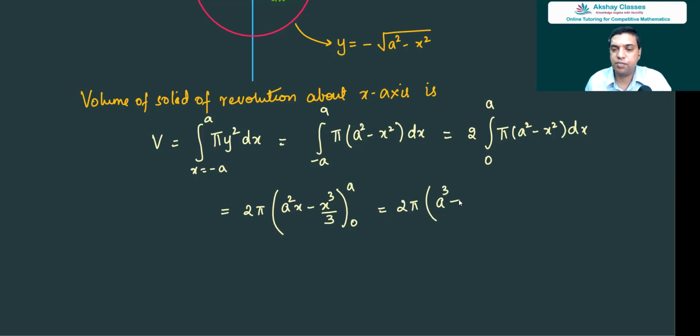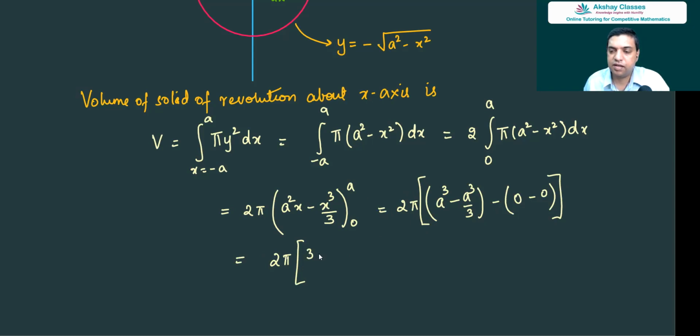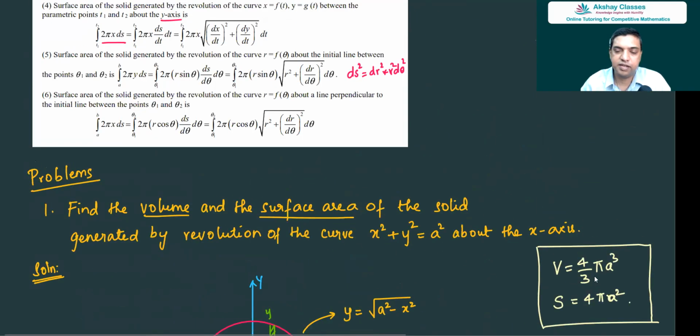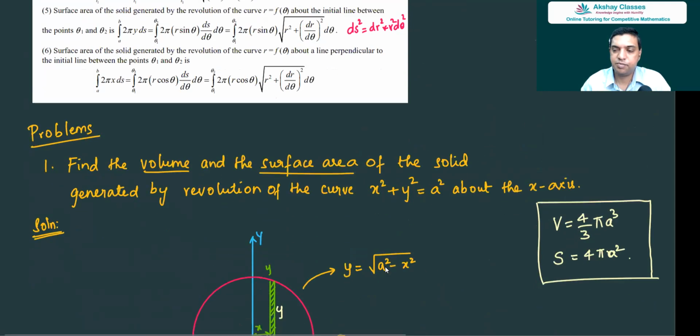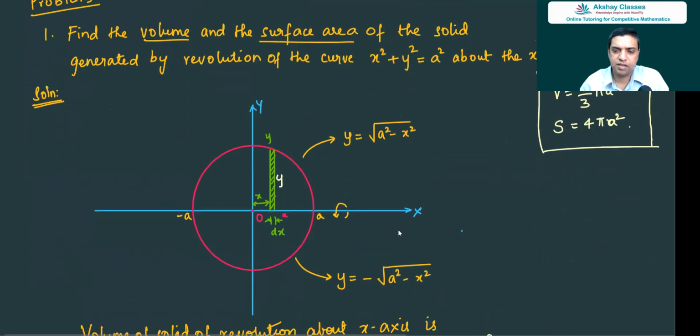Substitute the upper limit: a cube minus a cube by 3, minus 0. Substituting the upper limit and the lower limit, we get 2 pi times 3 minus 1, which is 2a cube upon 3. So you get 4 upon 3 pi a cube, which was our expected answer. 4 by 3 pi a cube. This is our expected answer, this volume.